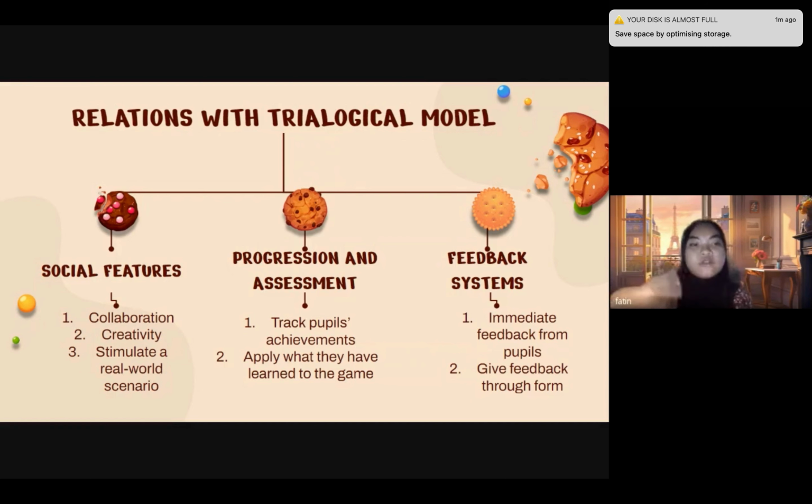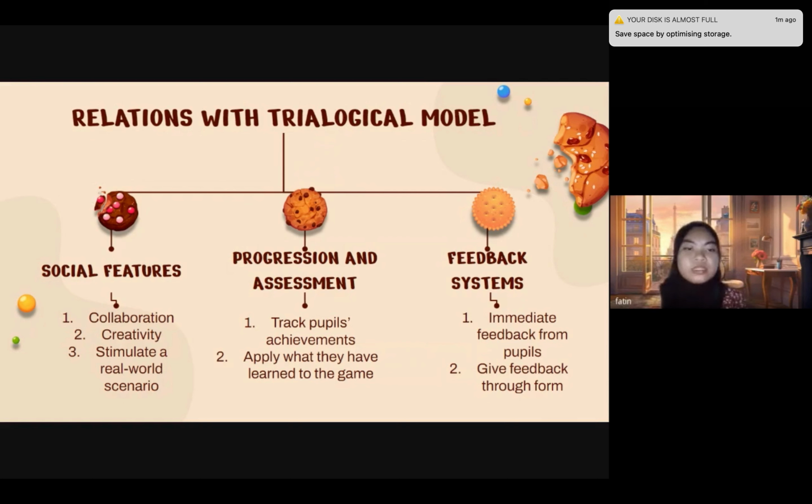So in terms of social features, it helps with their collaboration skill and also with their creativity, and it stimulates a real world scenario. Like I said, this game adopts a real world context like baking. So this can help the learners especially to relate their existing knowledge with the real life context.